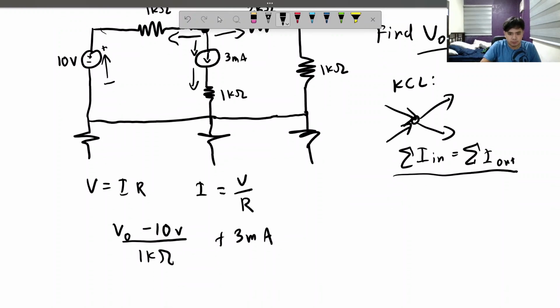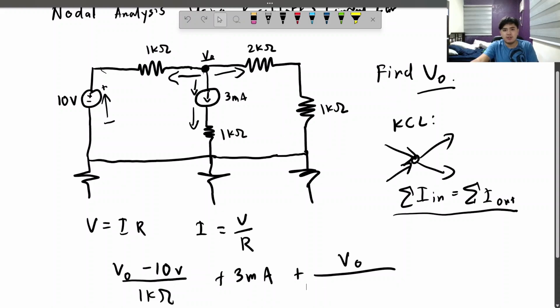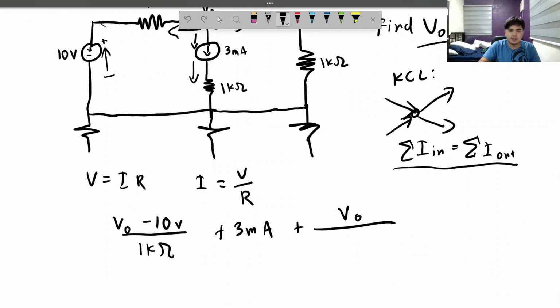So VO over what is the resistance, the total resistance going through this path? Well, there's 2 kilo ohms and then there's 1 kilo ohm, and resistances in series are additive. So we have to add both here.